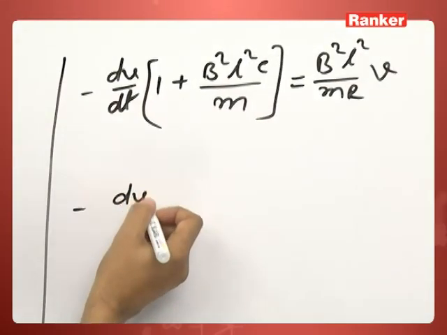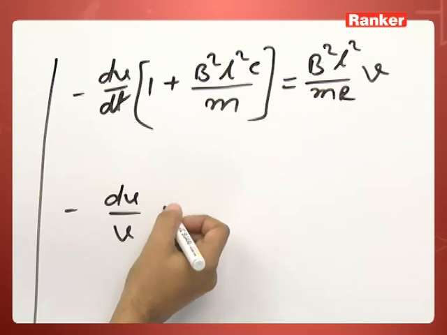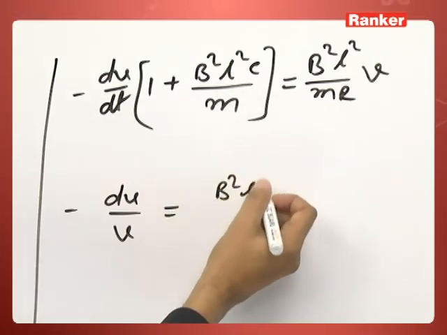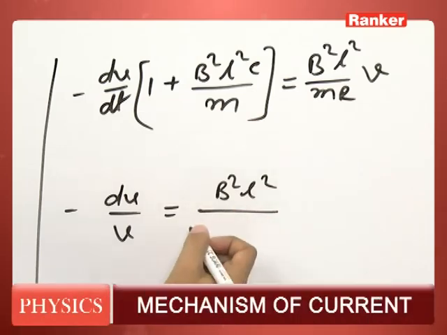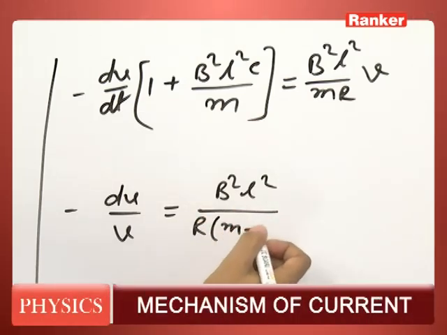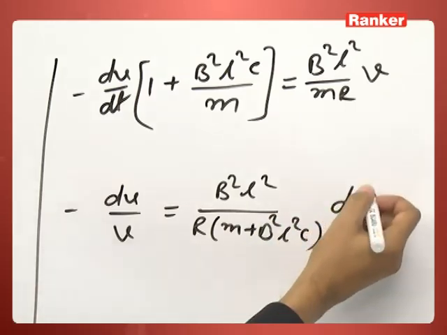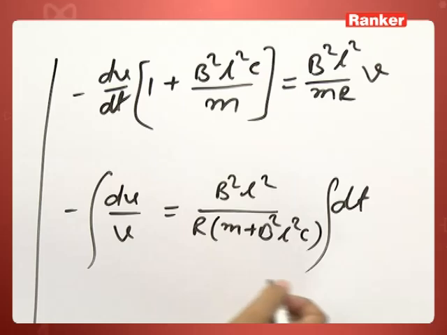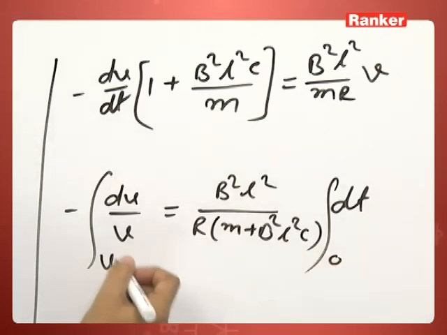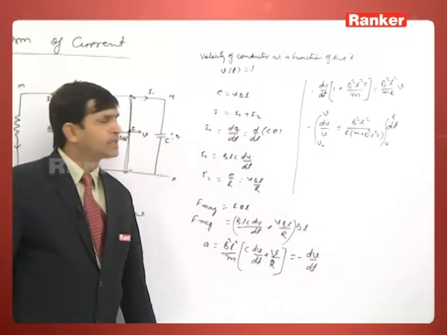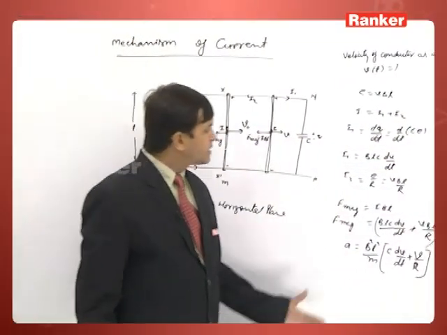So minus dV by V is equal to B square L square by R M plus B square L square C into dt. Integrate from t = 0 velocity V naught, to time t velocity V, and we further simplify. So what is the main point here?